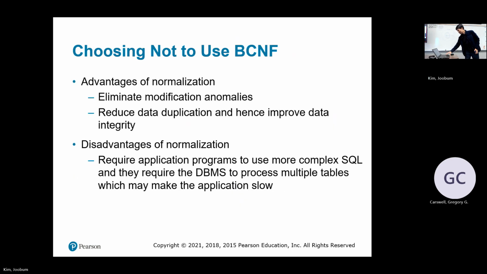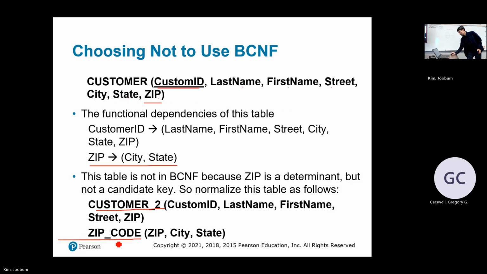So for this kind of zip code data, we don't need an updatable database. A read-only database is enough. And in a read-only database, we don't need the BCNF normal forms.